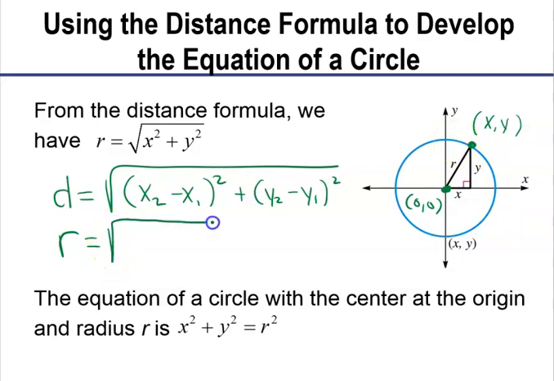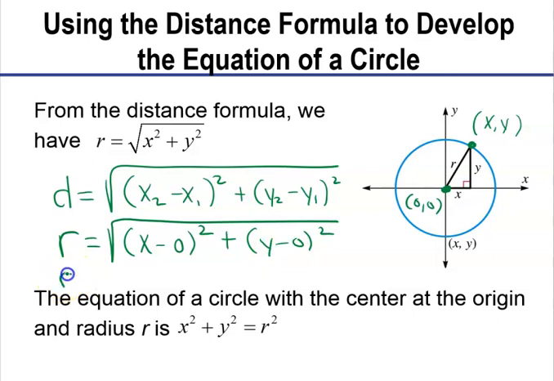So that would give me the square root of, now I'm trying to find the distance of r, so it's going to be x minus 0. That's my x2 minus x1. So x minus 0 squared plus, now I'm supposed to subtract my y value. So y minus 0 squared.